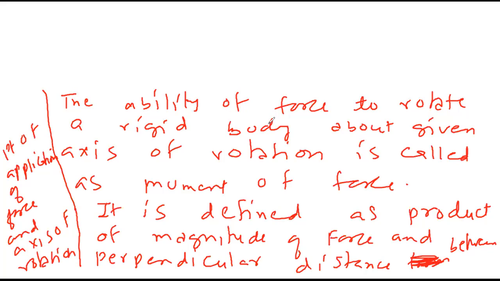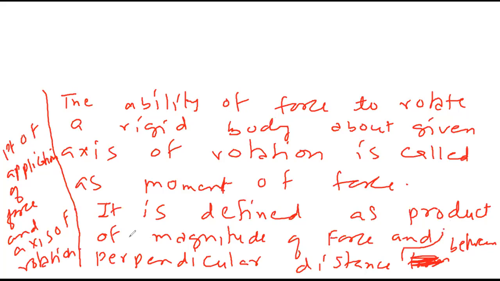The ability of force to rotate a rigid body about a given axis of rotation is called moment of force. It is defined as the product of magnitude of force and perpendicular distance between point of application of force and axis of rotation.